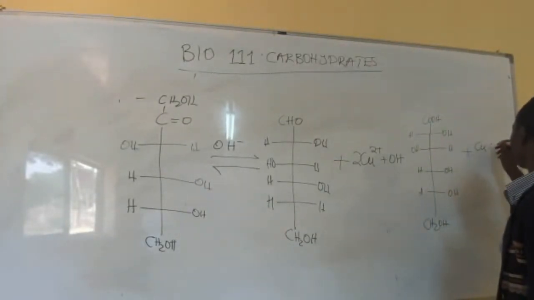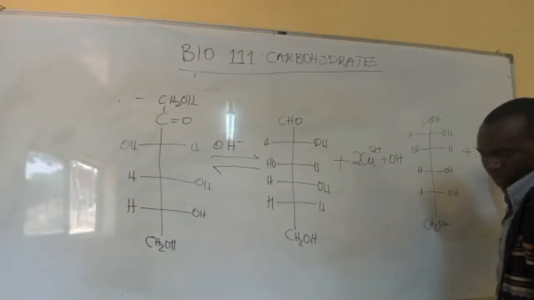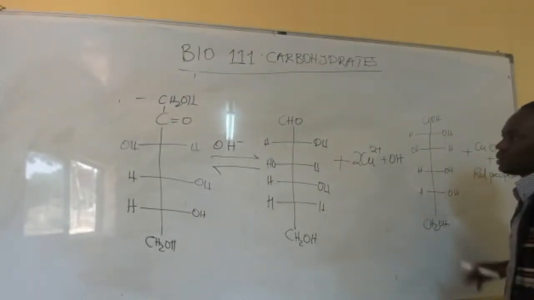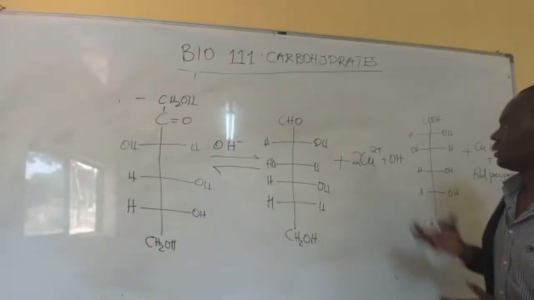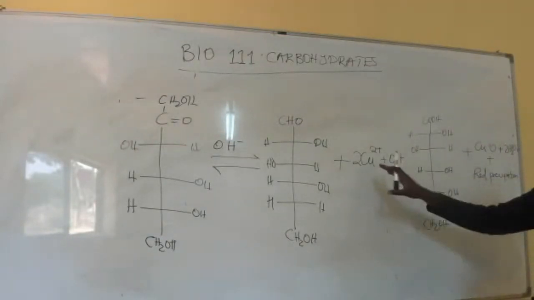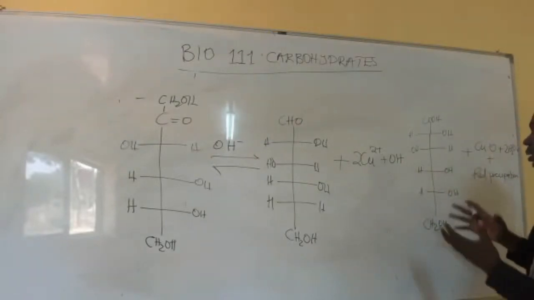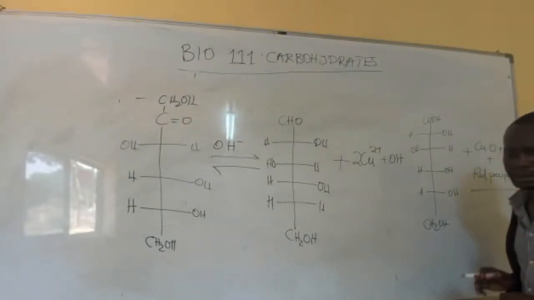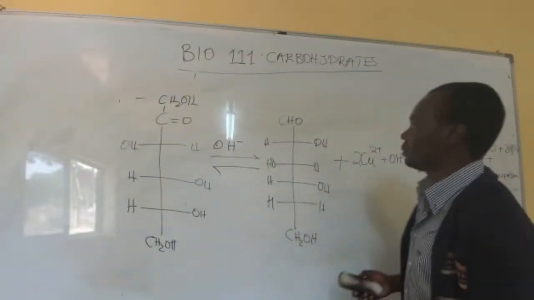What the copper 2 ions in the Benedict's solution do is give you a red precipitate, thereby indicating the presence of sugars. It basically plays around with the structure of these carbohydrates, and the copper 2 ions in the Benedict's reagent undergo reactions whereby a red precipitate is observed, thereby indicating the presence of these carbohydrates.